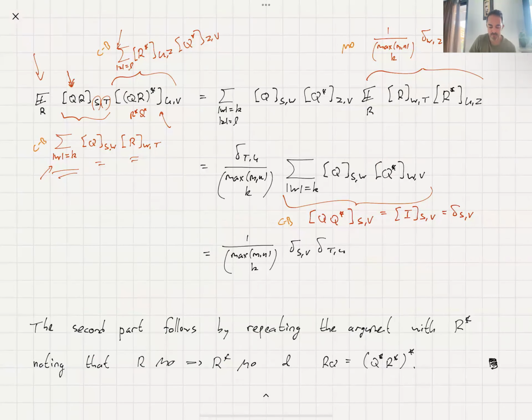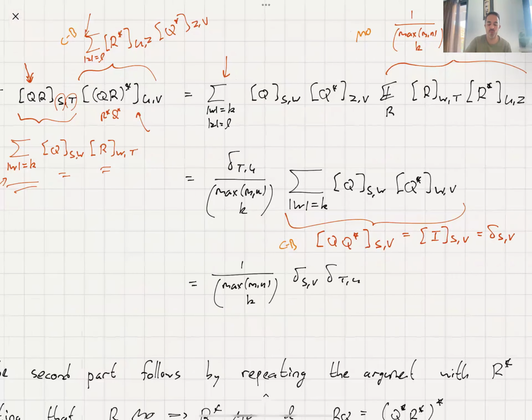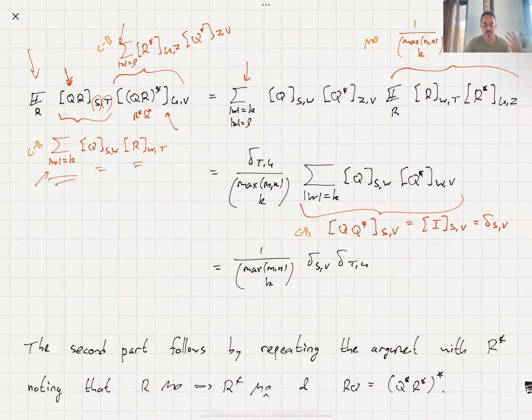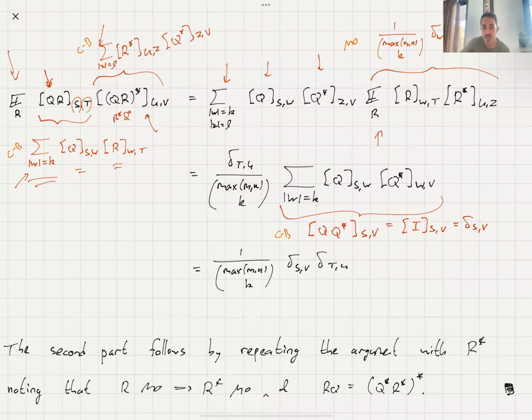And now, let's push the expectation over R all the way and take whatever we can outside. Namely, let's exchange the order of summations, and first sum over W and Z. The Q's will depend on those, but the Q's don't depend on R. So then we take the expectation over R, and we have RWT, R conjugate UZ.